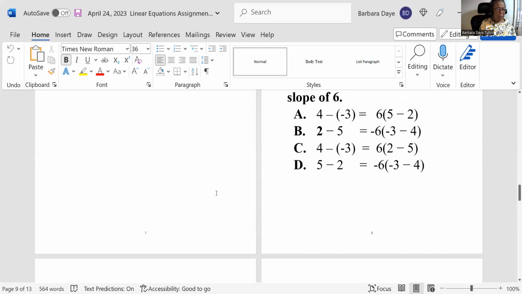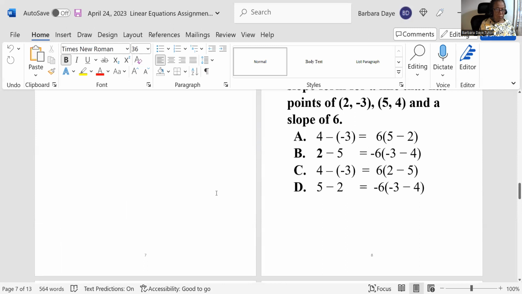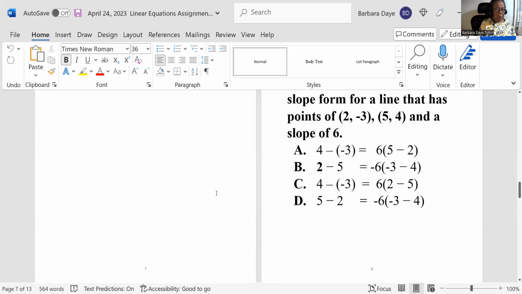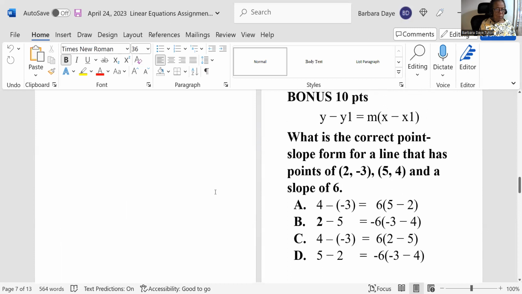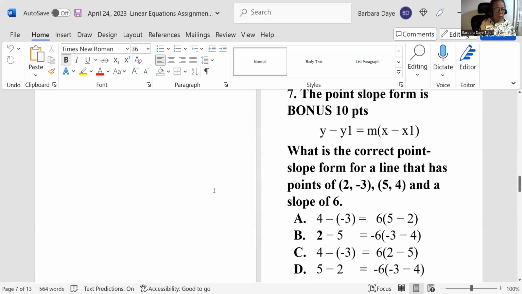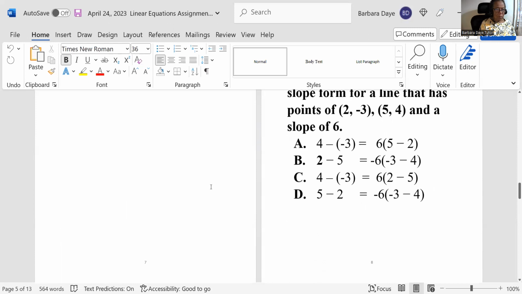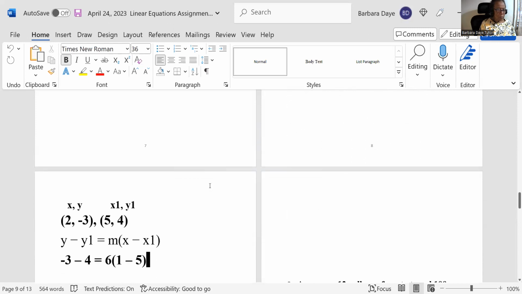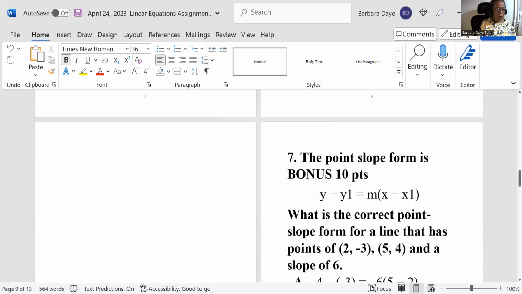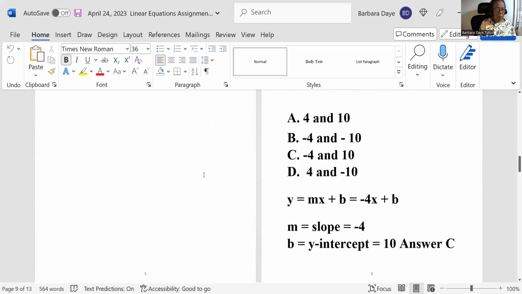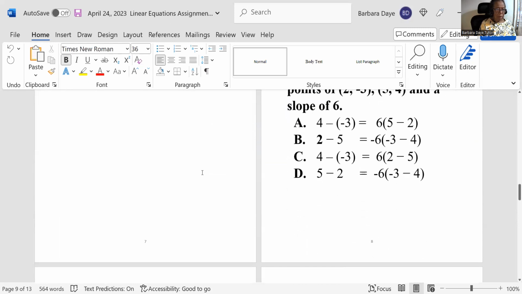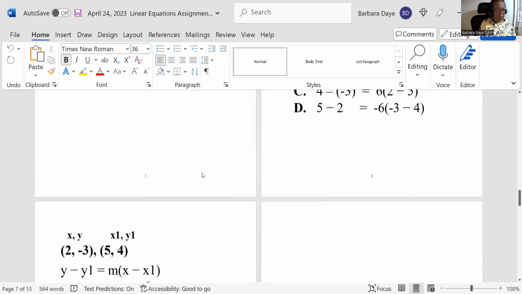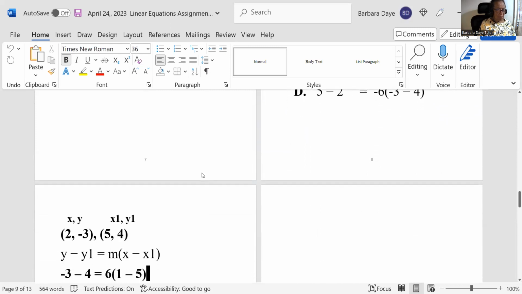Which one does that match? Okay, 2, -3 and 5, 4. There we go: x, y and x1, y1.